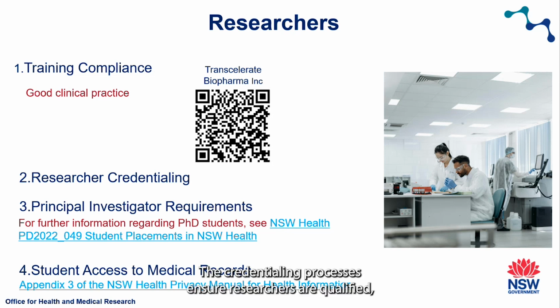The credentialing processes ensure researchers are qualified, while the PI is responsible for the overall conduct of the study. There is also a section on student access to LHD or SHN-owned medical records for research purposes. You could use this critical information on researchers to uphold high standards in clinical research and manage their responsibilities effectively.